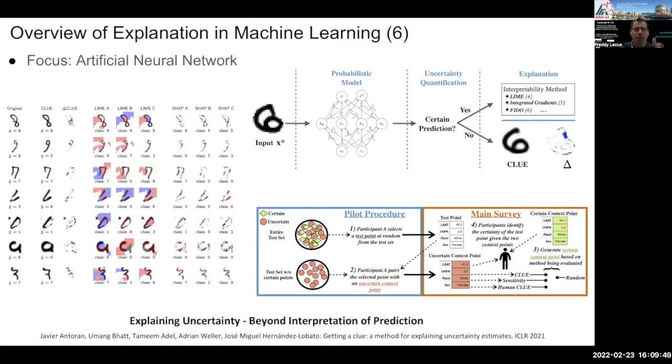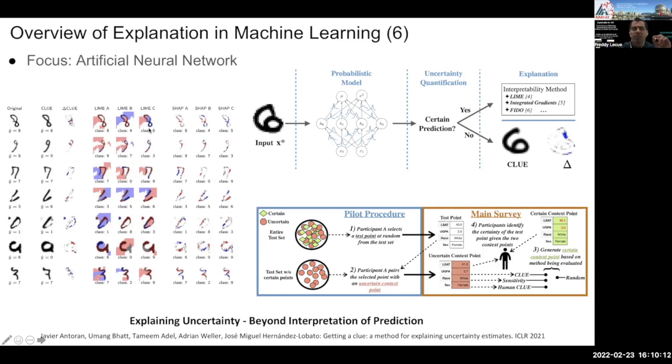For instance, in the context of MNIST, 8 and 6, you have uncertainty. In the example of the 6, the part closing the loop of the 6 is going towards the 8, and that's where you have the uncertainty when you do classification. If you look at the superpixel responsible for that, it would be the one closing it.